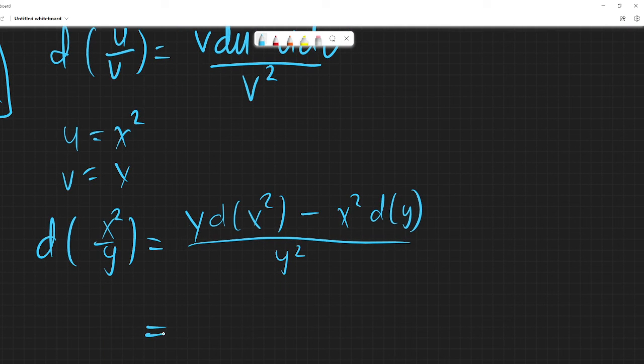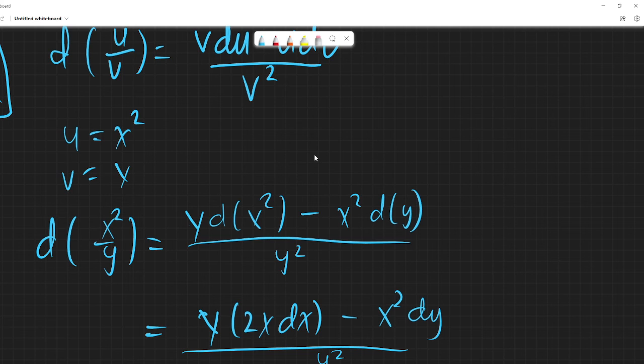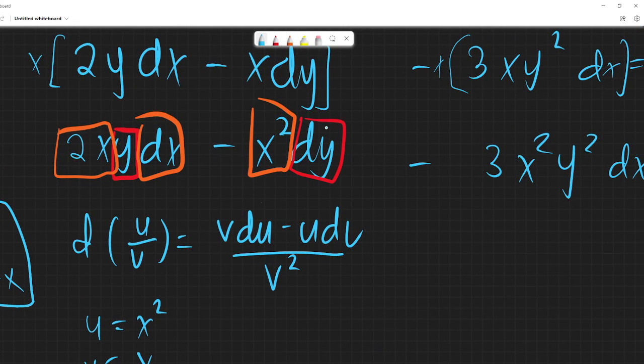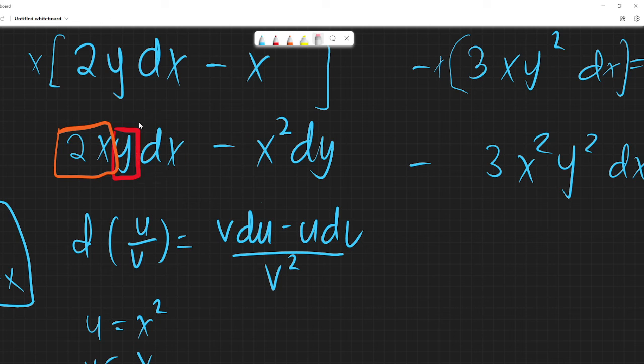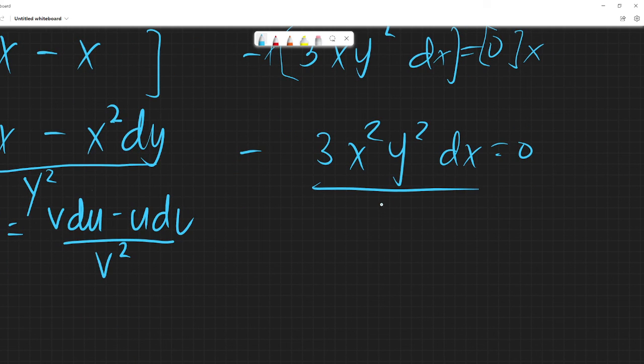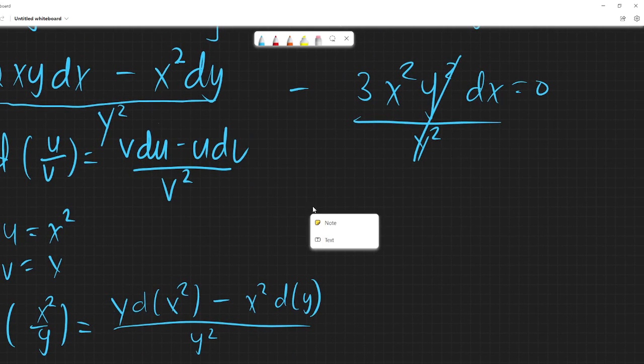And that will give us y times 2x dx minus x squared dy all over y squared. So the only thing that I need in this equation is the missing term of y squared in the denominator. So I will put a y squared here as well as a y squared here. So I will cancel this out since they are the same.